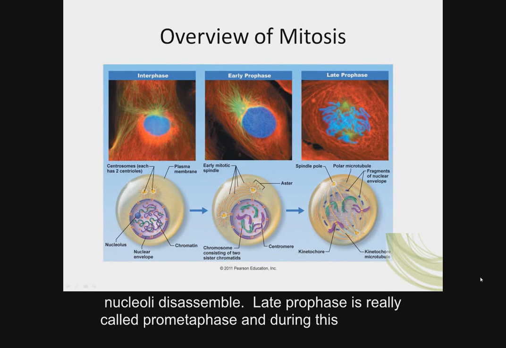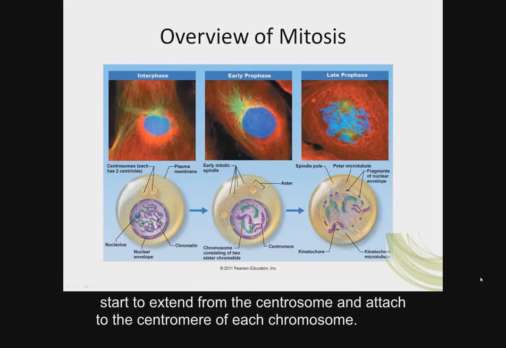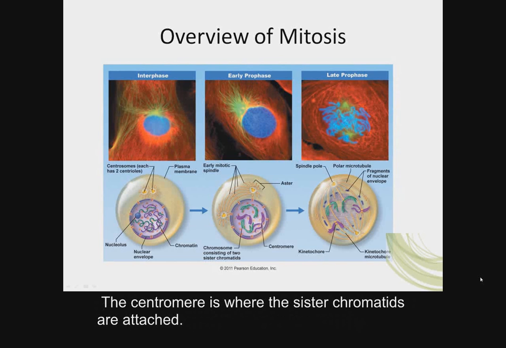Late prophase is really called prometaphase, and during this time the nuclear envelope disappears and the mitotic spindles, made of microtubules, start to extend from the centrosome and attach to the centromere of each chromosome. The centromere is where the sister chromatids are attached.